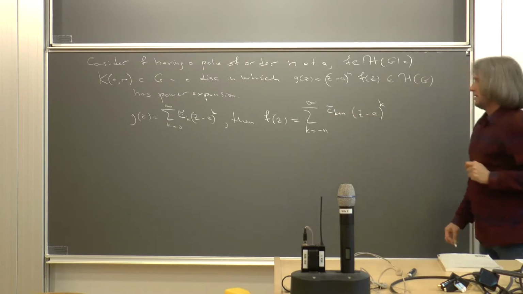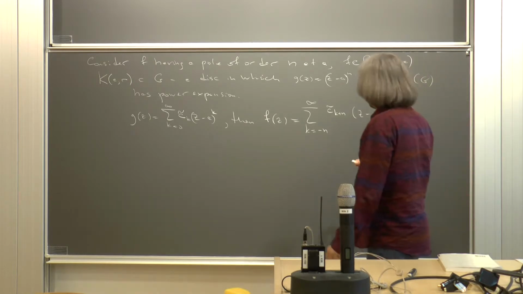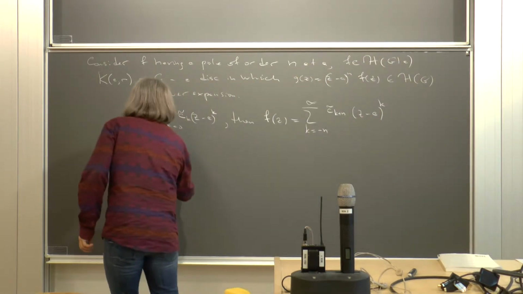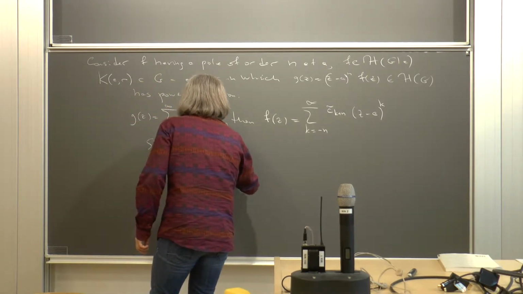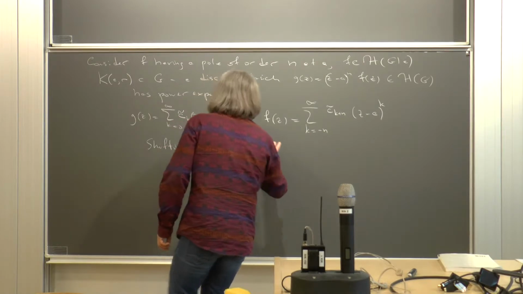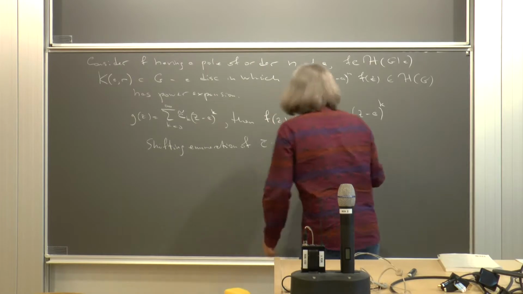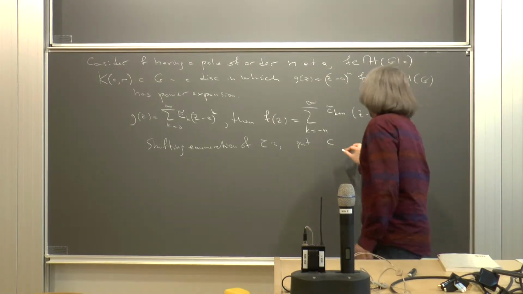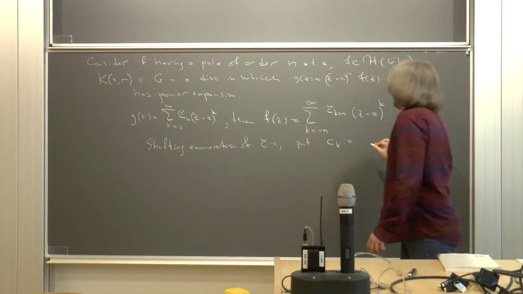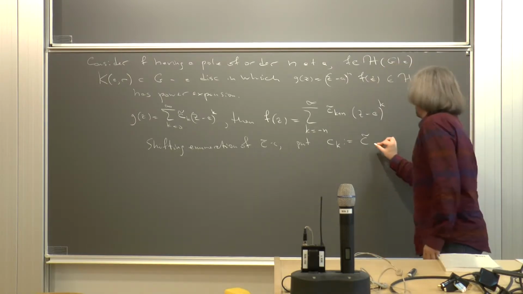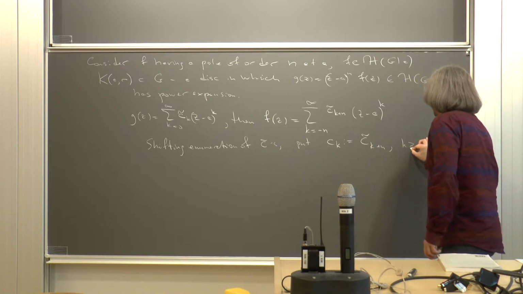So just shifting the enumeration of the c tildes, put c k to be equal to c tilde k plus n, k greater or equal minus n.